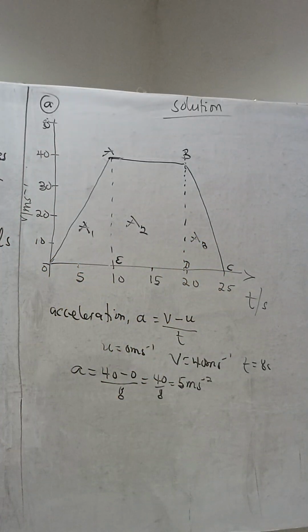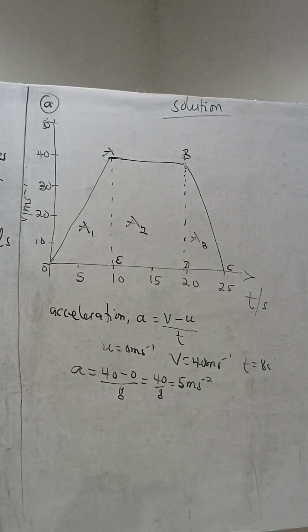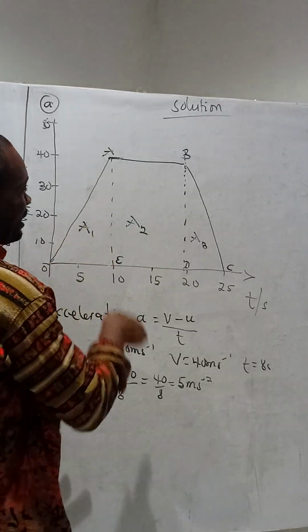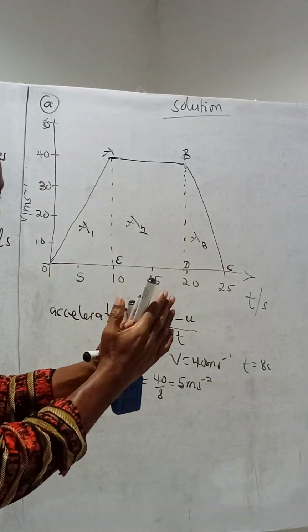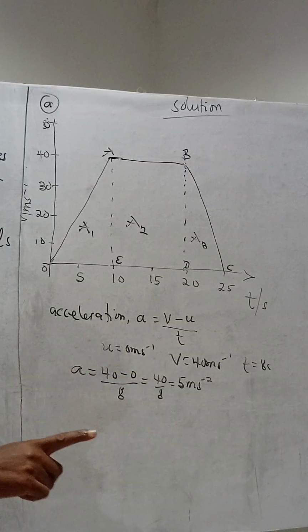Now we say that the area under the curve of a velocity time graph gives the total distance traveled. So I am going to calculate area 1, area 2, and then area 3. Then when I finish, I put them together, and that will give me the total distance traveled by the car.